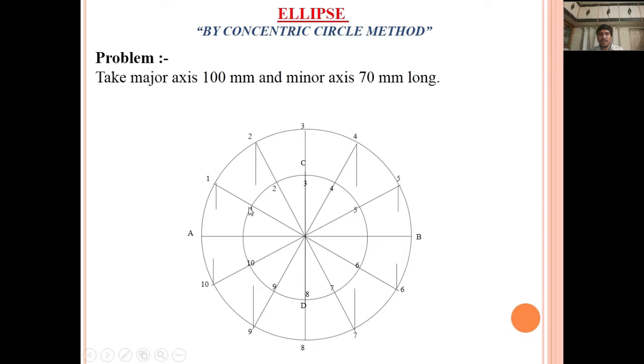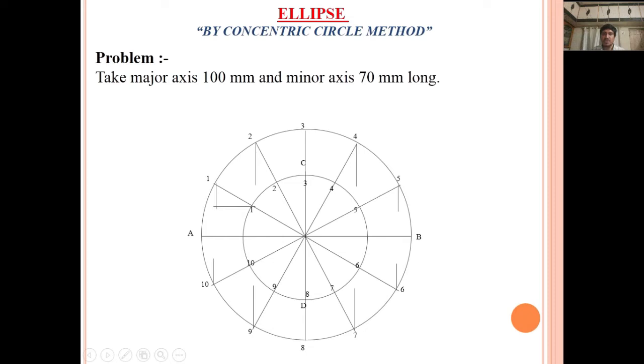For that we draw a horizontal line parallel to the major axis in the left hand side direction, so we intersect this point 1 line and this point 1 line like this, and we get one point here.